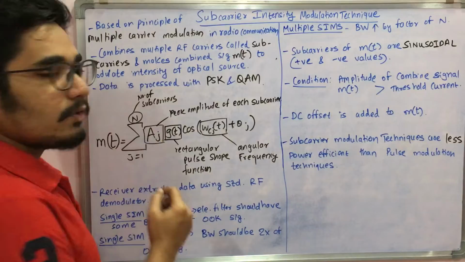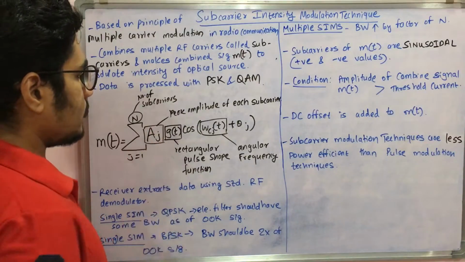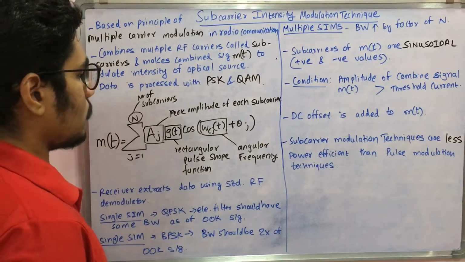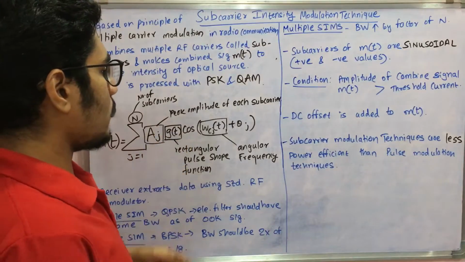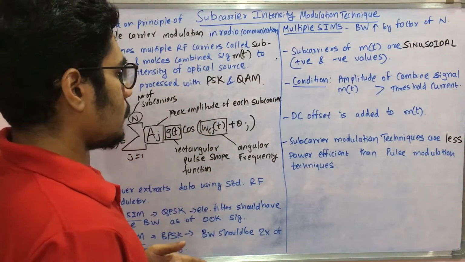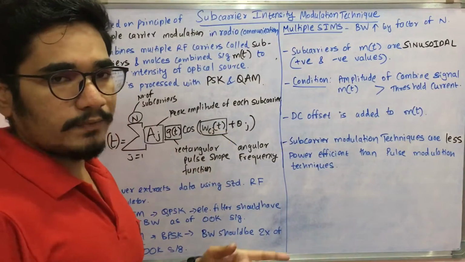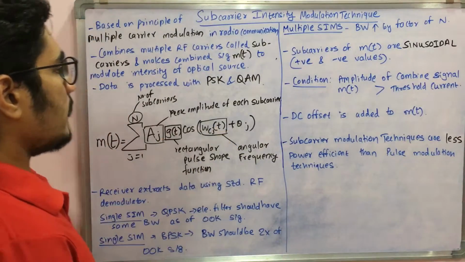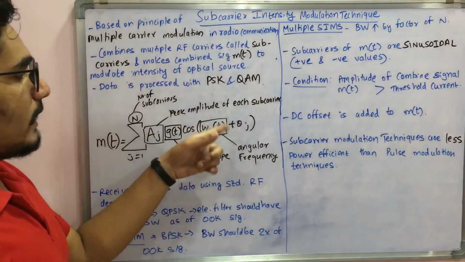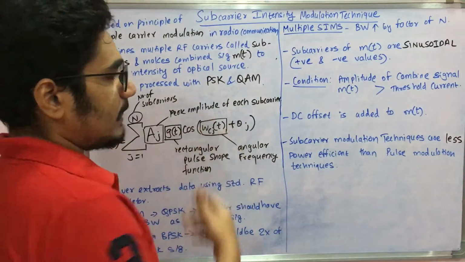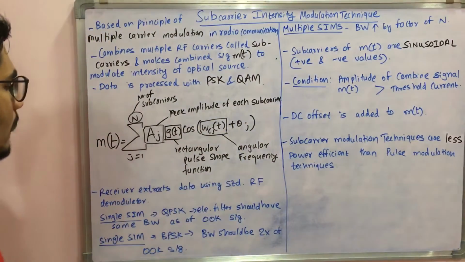Next we have the rectangular pulse shaping function, represented by g of t, which is again a function of t. Then we have cosine of omega c j t, which runs from j equals 1 to N, and omega is the angular frequency of this signal. And finally we have theta j, which we'll discuss later.